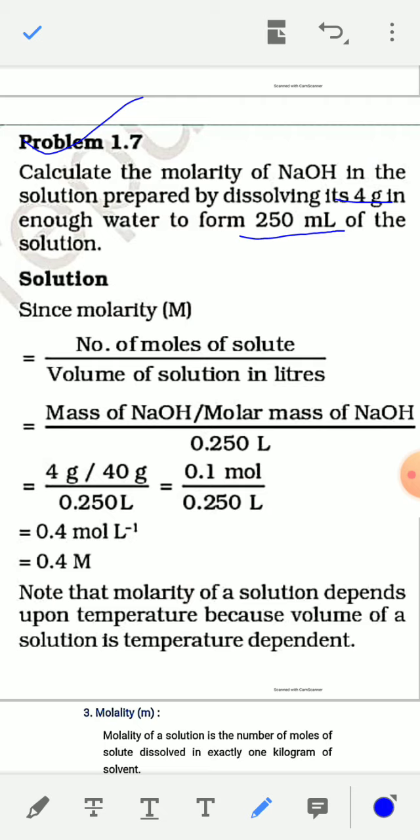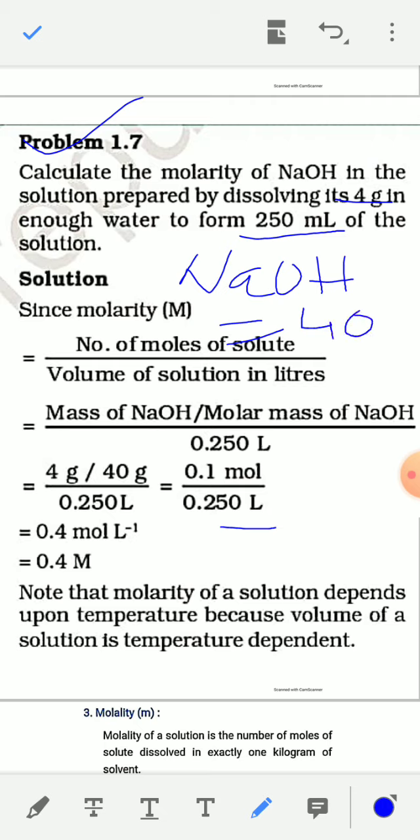Volume is given in milliliter unit, so you have to convert it into liter. And 4 gram of sodium hydroxide is present. You know NaOH means sodium is 23, O is 16 and hydrogen is 1, so molecular weight of sodium hydroxide is 40.